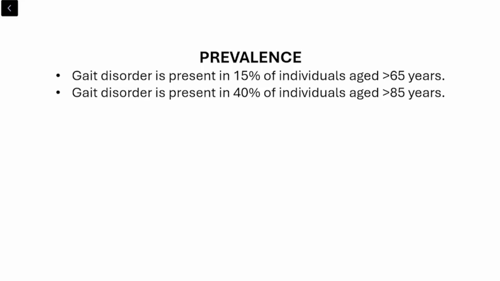We know that neurodegenerative or otherwise degenerative diseases increase in prevalence with age. That is why with increasing age, the prevalence of gait disorder also increases. Gait disorder is present in 15% of individuals more than 65 years, and in 40% of individuals more than 85 years. So there is a correlating increase in prevalence with age.